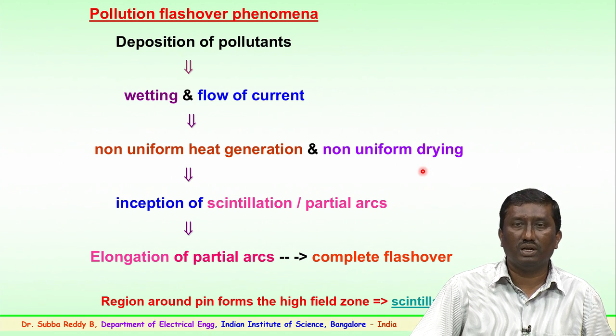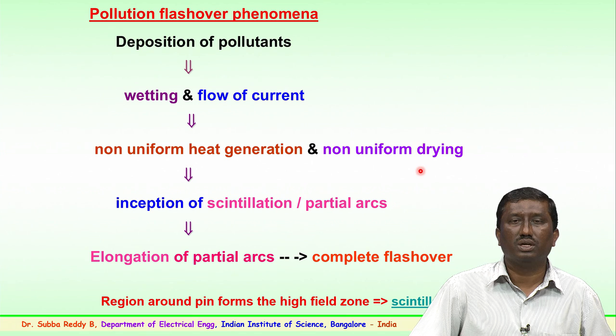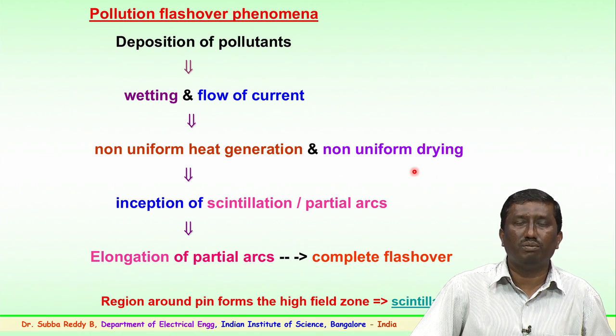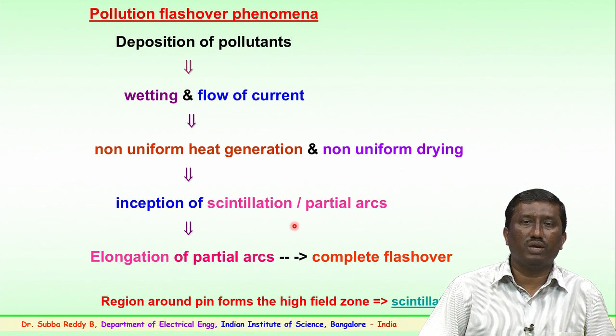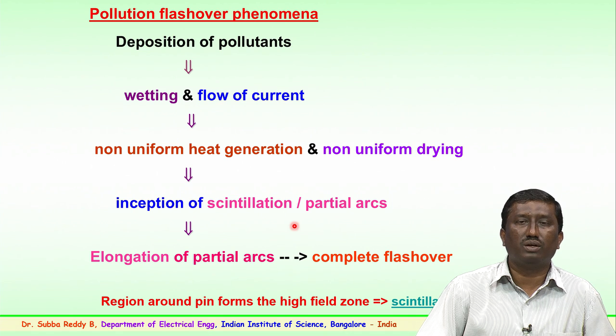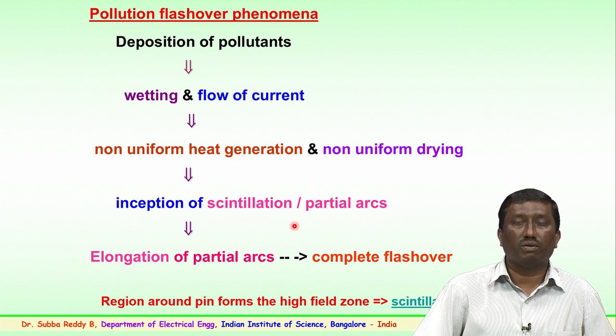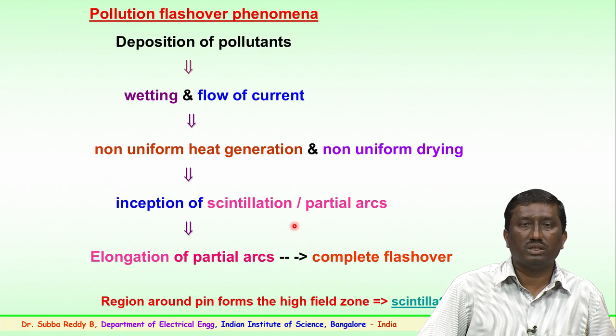Here, because of the wet and dry band formation and non-uniform heating, small discharges occur across these dry bands and wet bands. In wet bands conduction happens, and across dry bands there will be small arcings, which we normally term as partial arcs or scintillation: small discharges which are not continuous in nature and depend on the magnitude of the surface currents which are flowing and also the surface wetness.